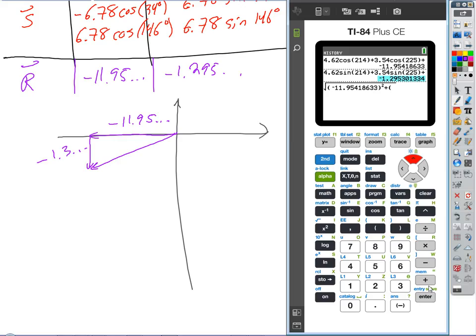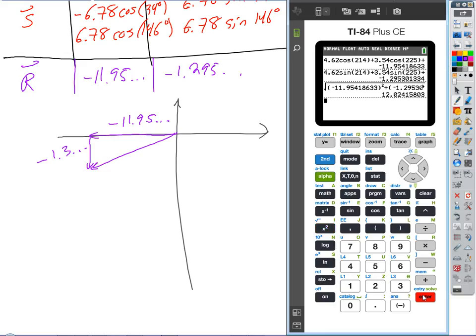Everybody knows why I'm putting the parentheses there? Right, because remember, if we square a negative, it's got to be in parentheses. So there's the magnitude, right?